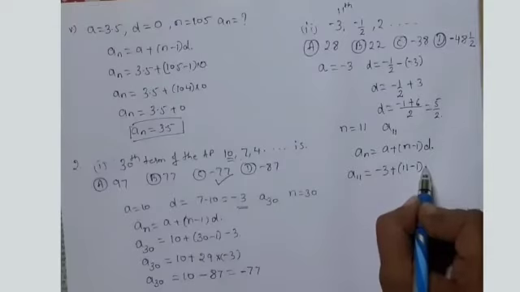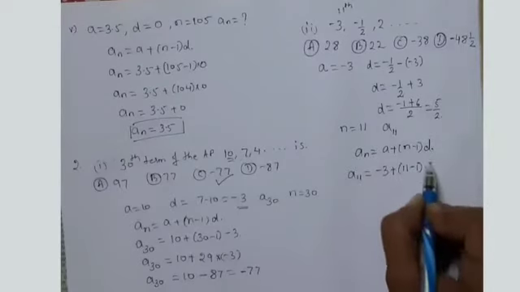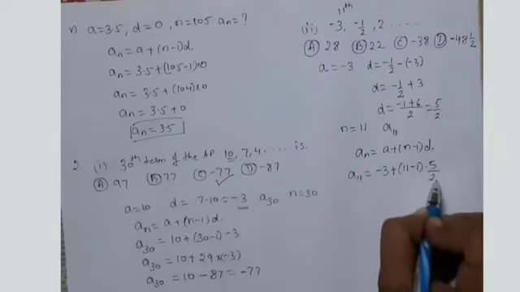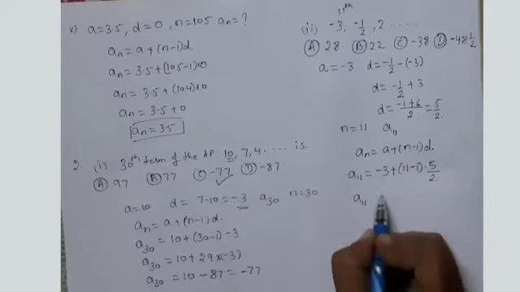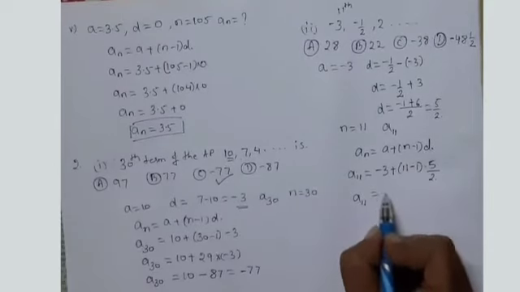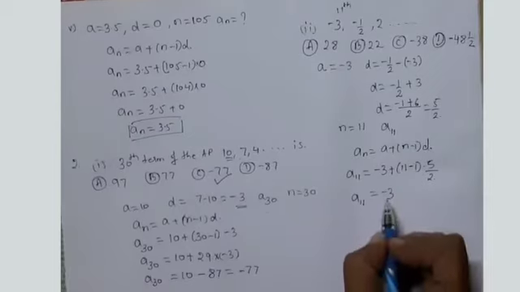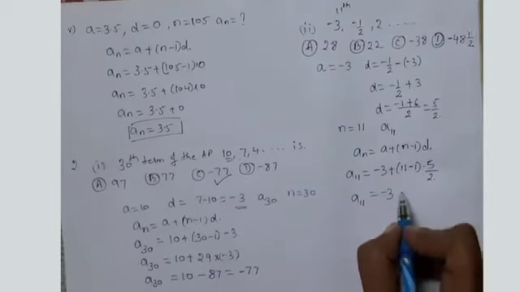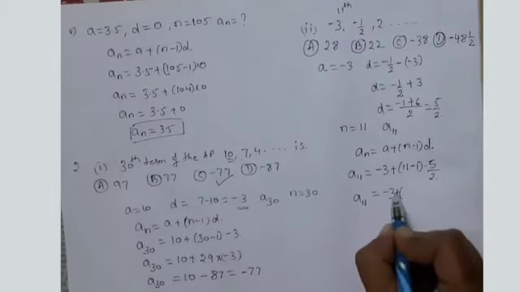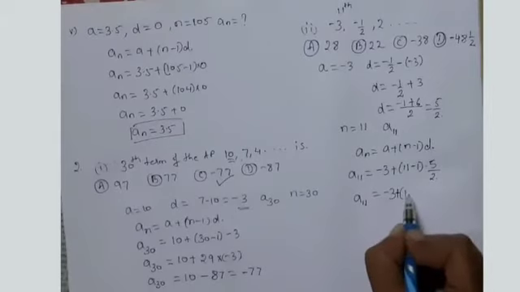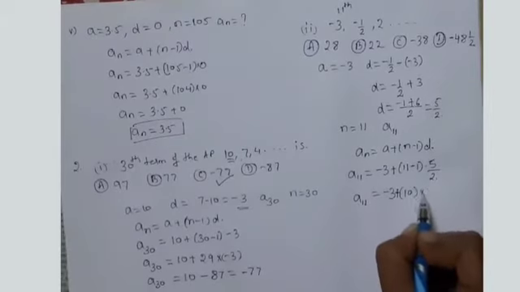D value we have found as 5 by 2. So it will be into 5 by 2. A11 will be equal to minus 3 plus, 11 minus 1 is 10, 10 into 5 by 2.